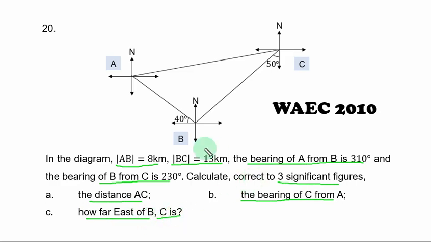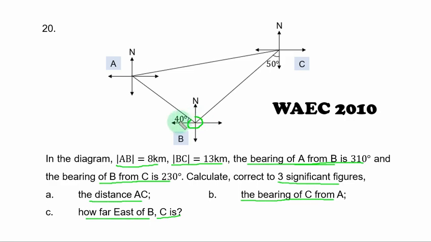Solution. The given diagram needs to be adjusted in order to solve the problem smoothly. Let's start from here. The bearing of A from B, you go to B, is 310. That is from north to this point and this point.